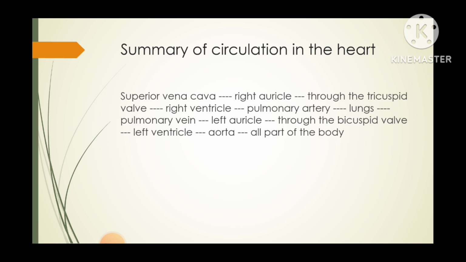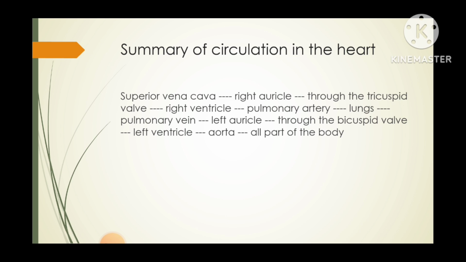So blood will move from the superior vena cava to the right auricle. Then from the right auricle, it will move through the tricuspid valve into the right ventricle. And then from the right ventricle, the blood will go to the pulmonary artery.